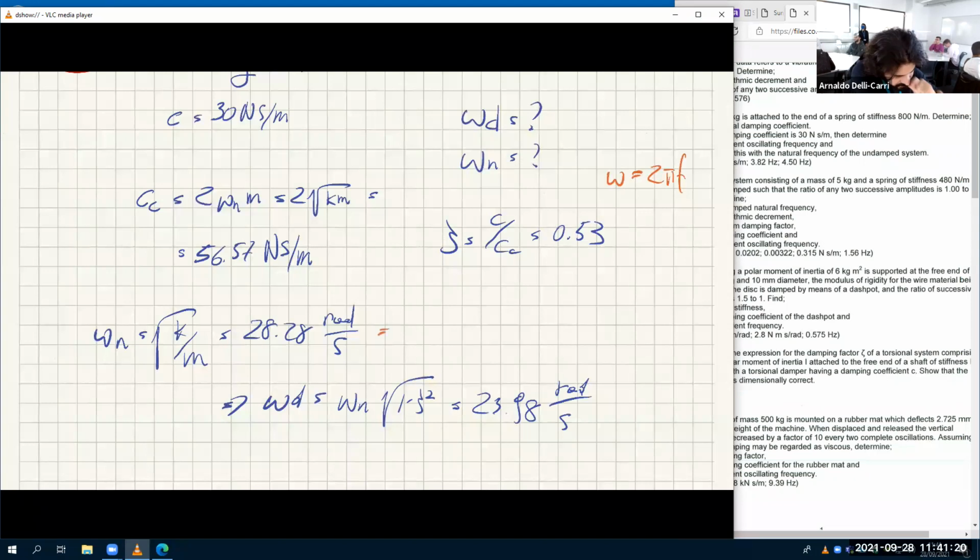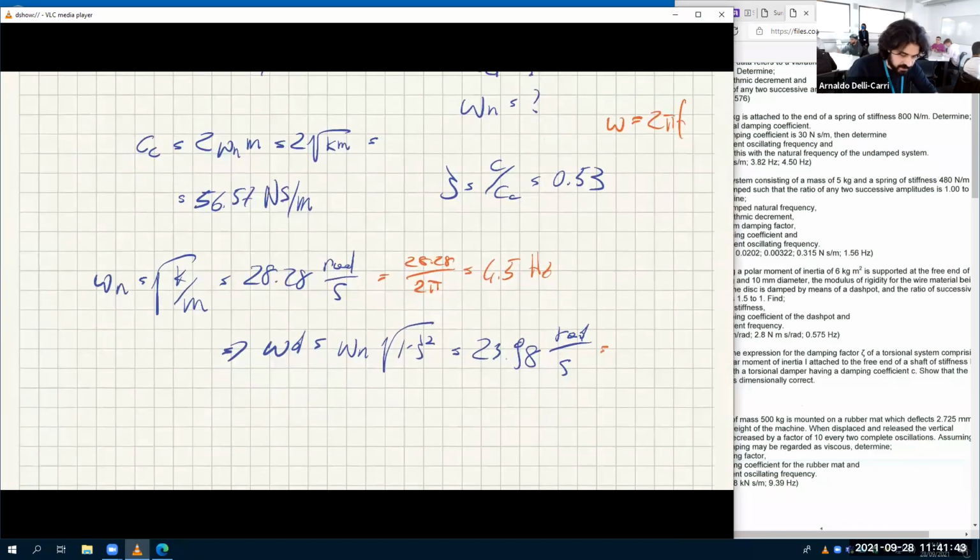So to find this, you have to divide 28.28 by 2 pi, which gives 4.5 hertz. And this one is 23.98 divided by 2 divided by pi, 3.82. Yes, 4.5 and 3.8 for omega n and omega d.